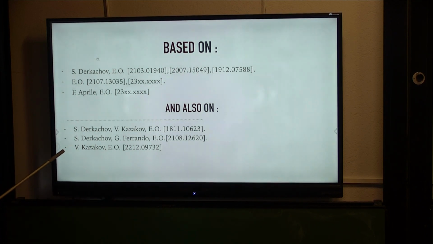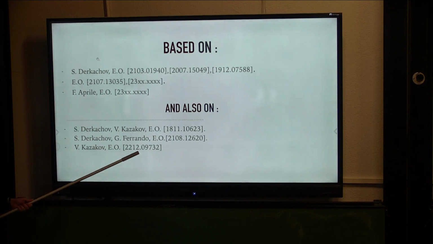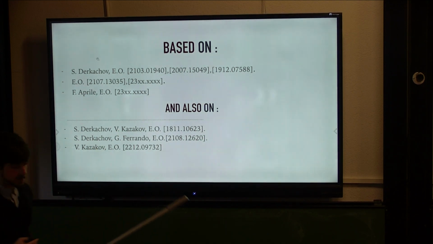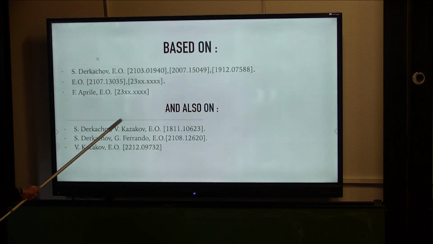Also, I will cite from time to time some results. For example, I could refer in the end to Loom CFTs that Kazakov explained to you, or generalizations of the present computation related to these other works.